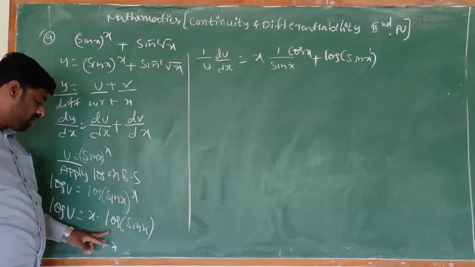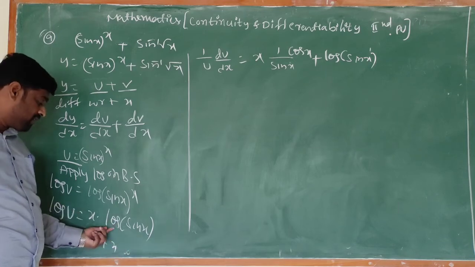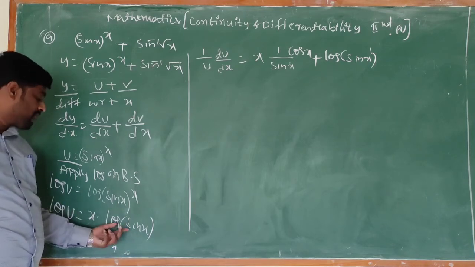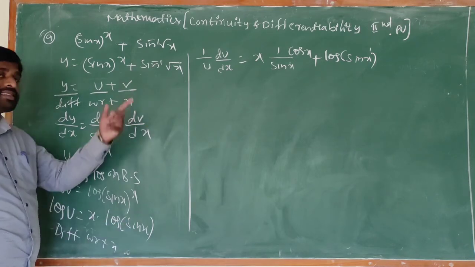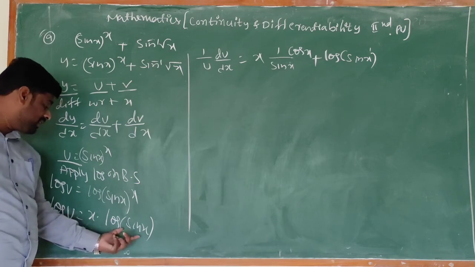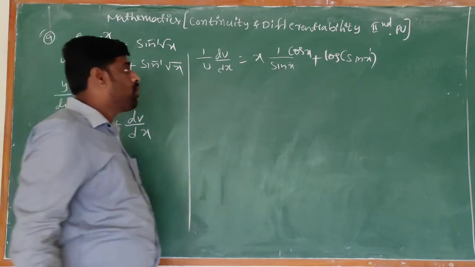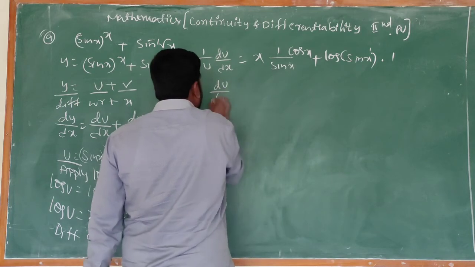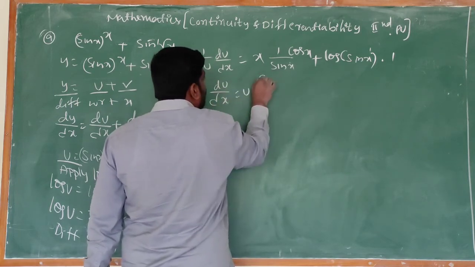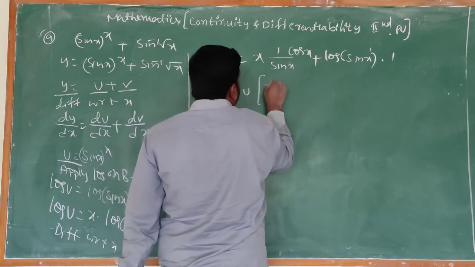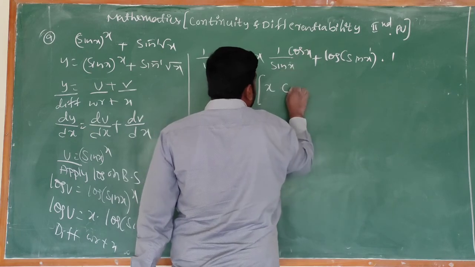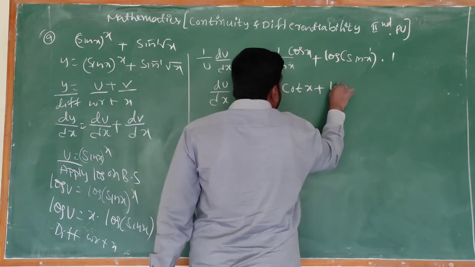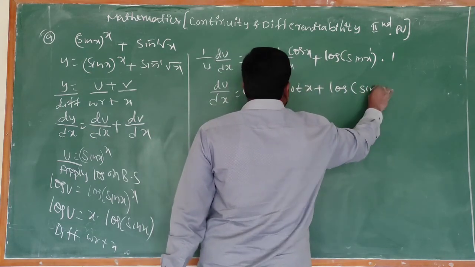X as it is, log of sin x differentiation is 1 by sin x into cos x. Now log of sin x as it is, x differentiation is 1. So du by dx is equal to u into x cos x by sin x, which is cot x, plus log of sin x.